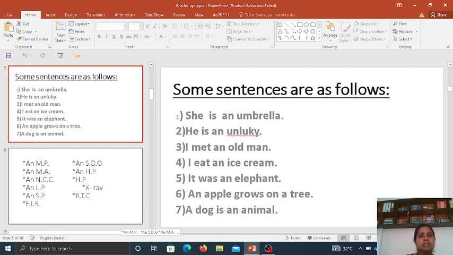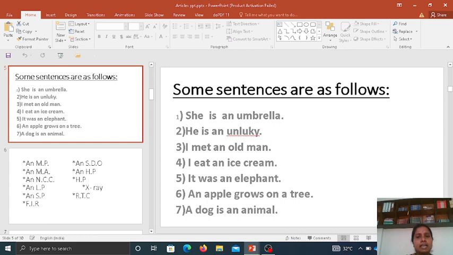Then there are some sentences using an here. The first is: she is an umbrella. Second: he is an unlucky. The U sounds like a vowel. Then: I met an old man. O is the first letter of the given word, which sounds like a vowel.